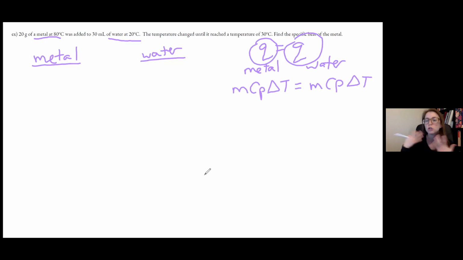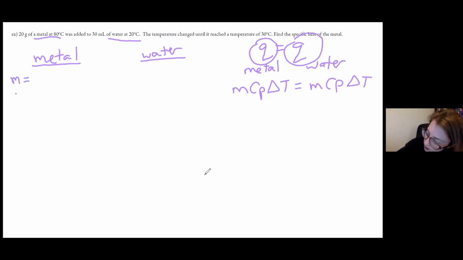So it's not a new formula. If we were in person on a test, I wouldn't give you this formula, mCp delta T equals mCp delta T. You should be able to figure out that, okay, heat lost equals heat gained, and heat can be found by mCp delta T. So for the metal and water, what we're going to care about are the m, the Cp, and the delta T, though we're rarely actually given the change in temp like that.